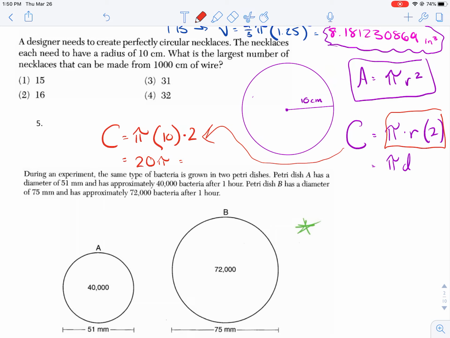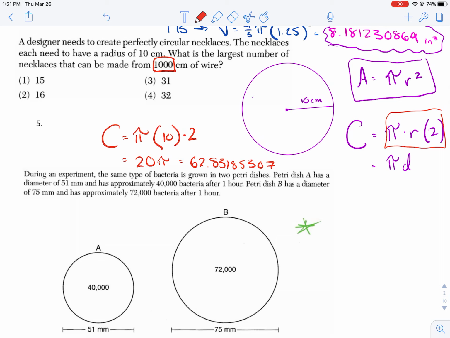which is approximately 62.83185307. Okay? And so they give us 1,000 centimeters. So think about it like that problem we just did.